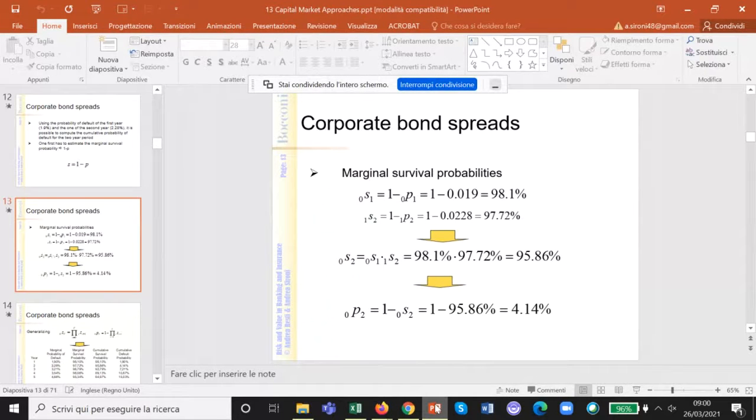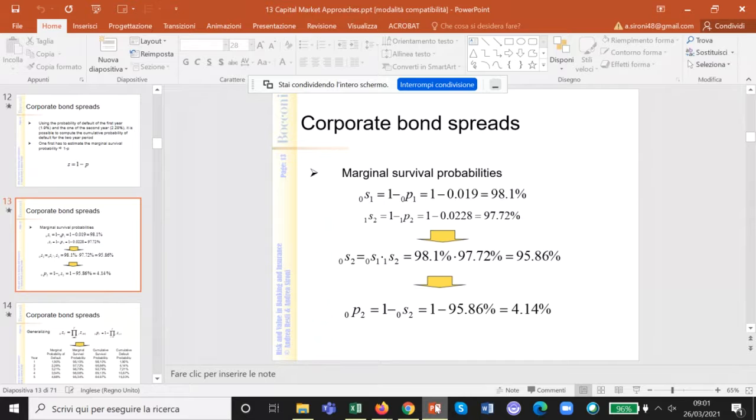Let me think about it. Well, we are assuming that 98% of the firms, the borrowers that were alive at the beginning of the first year, actually survive, okay? And then we are assuming that in the second year, out of this 98%, 97.7% of them actually survive. I don't think we're assuming that they are independent.